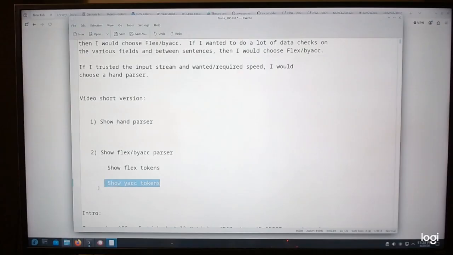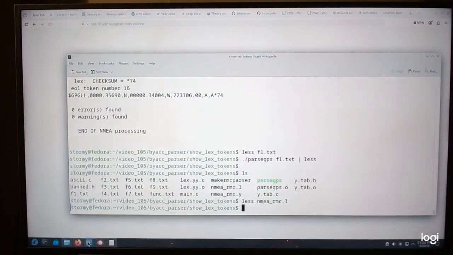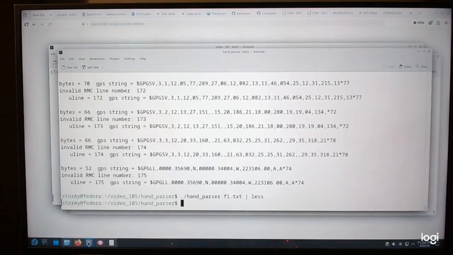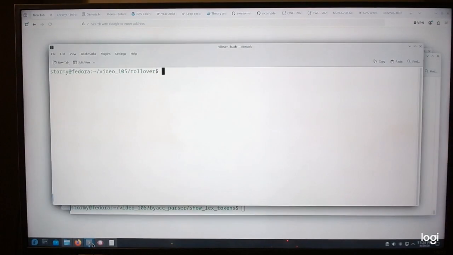Tokens. The next one is Yacc. If you've never seen Yacc, let me show you that. Wonder how come it doesn't show me my... Oh, there we go.